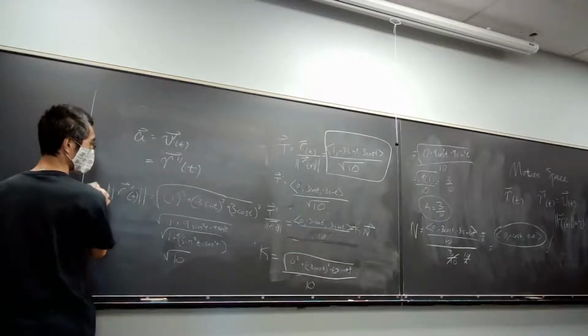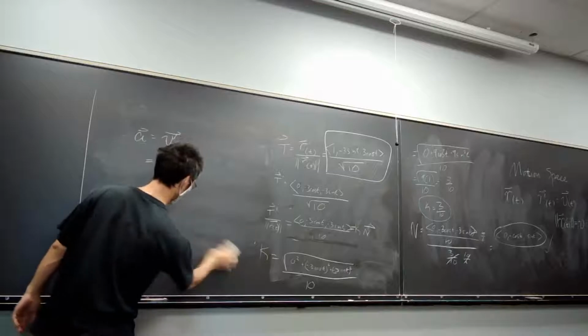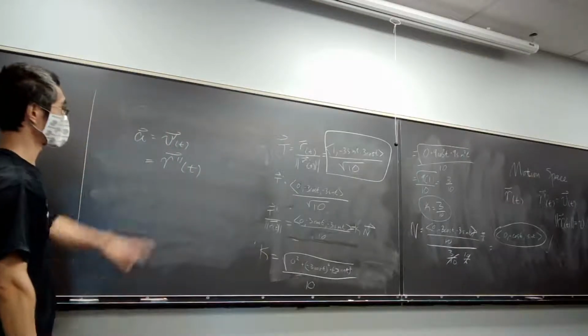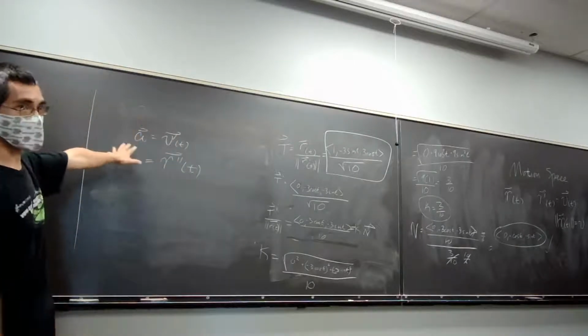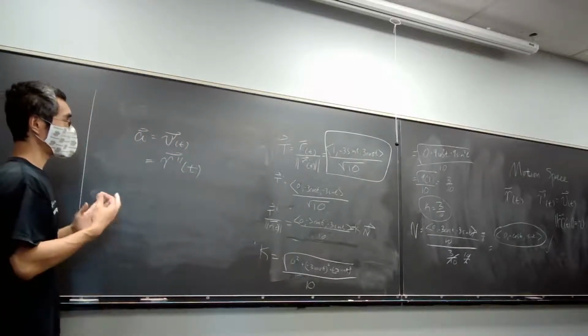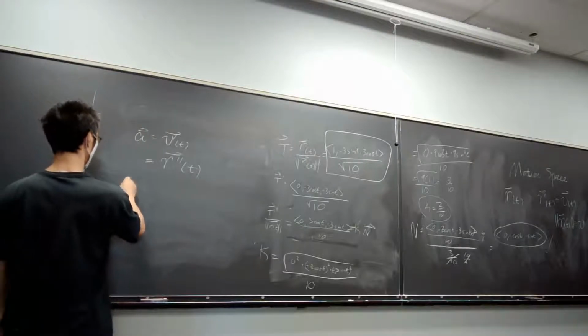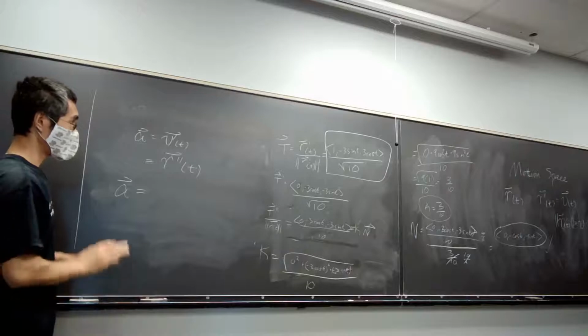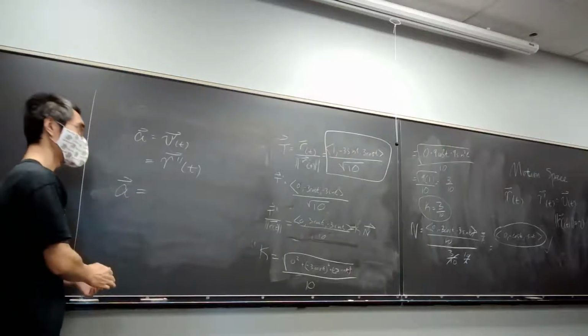Okay, so if you have this one here, then you get the velocity over there, acceleration here. And the interesting part of this is we can always decompose A into tangent direction and normal direction.